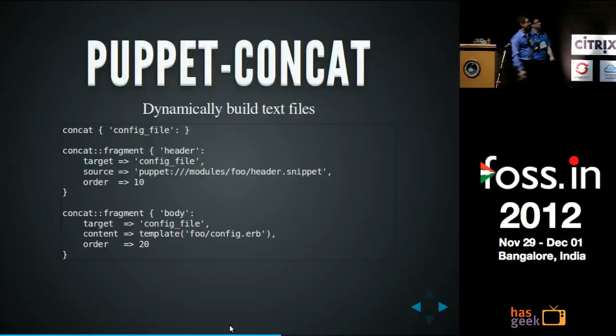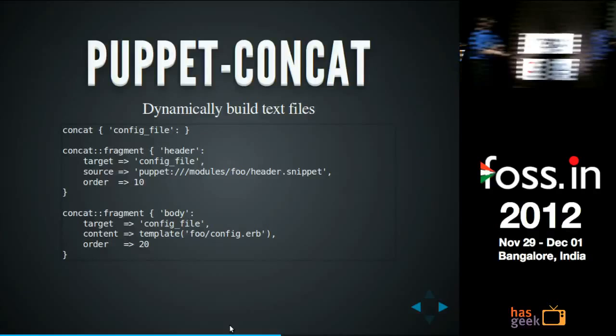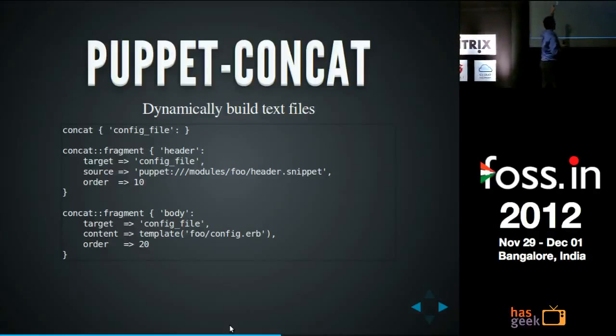Sure. In this example, we're defining a config file at the top, which is going to be our target, basically. And each of these fragments is going to go into that. We're specifying each fragment later. So we're specifying concat and the subclass of fragment, and we have the header of our file, and we tell it where to find the content for the header, and what the target is supposed to be.